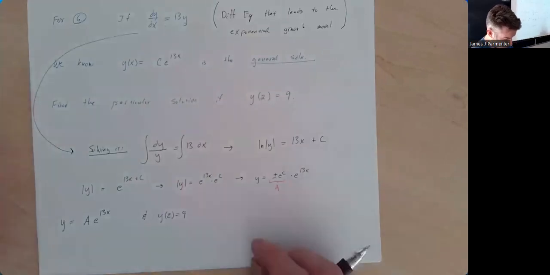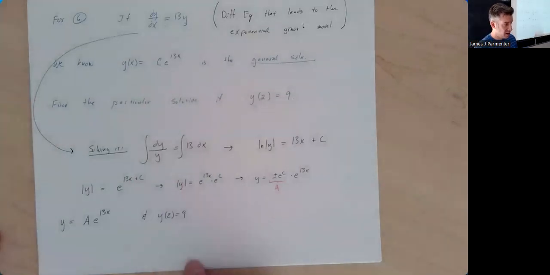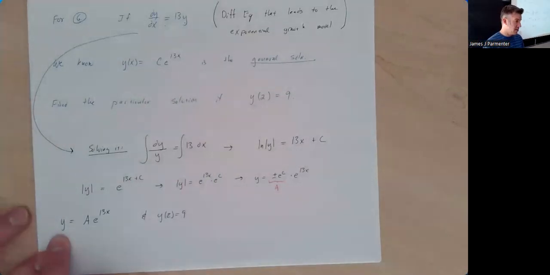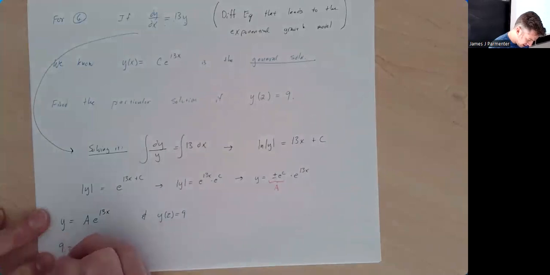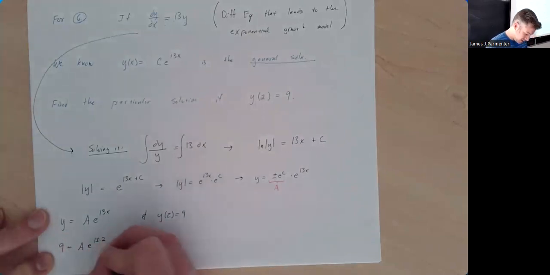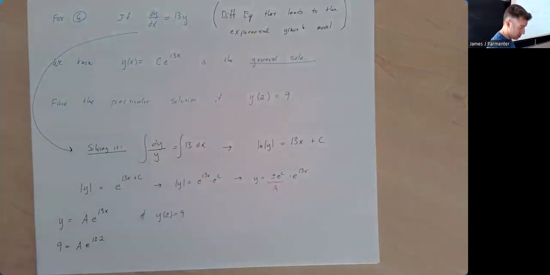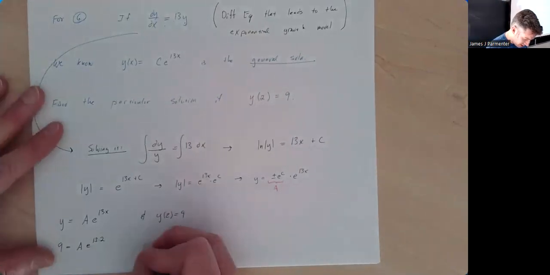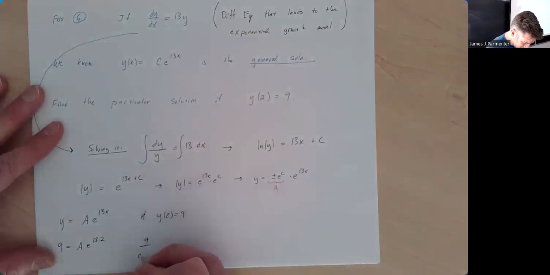If y of 2 equals 9, what am I plugging in for y? 9 or 2? 9. So 9 equals a times e to the 13 times what I'm plugging in for x. And this one's not going to be very nice, right? We're going to get 9 divided by e to the 26th power is equal to a.